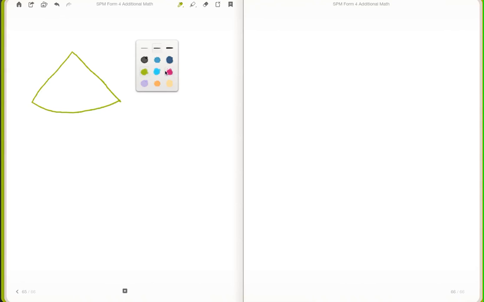What happens is, this is a chord. You form a triangle. This is the r, this is radius, and this is my theta. This would be an interesting part because you need to find out what's the area. Your question, you need to find out what's the area over here.